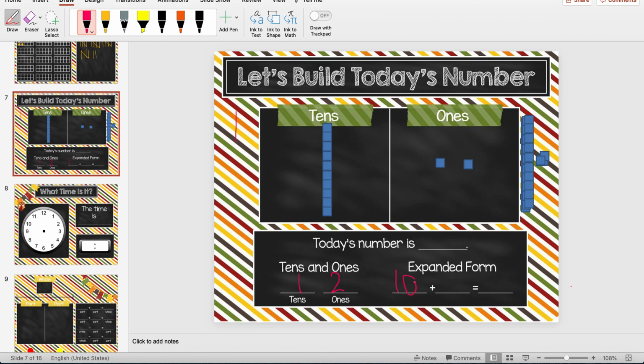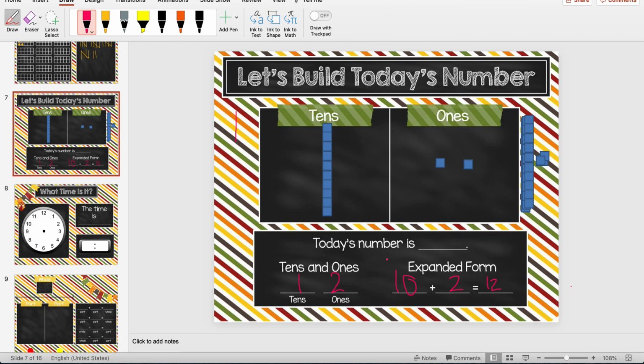So just like we would say there's 10 people, and then there's 2 people. Okay? What does that make together? When there's 10 and 2, what does it make? It makes 12, right? Ooh, not great handwriting, but there you go. So expanded form is literally just adding your tens and your ones together.